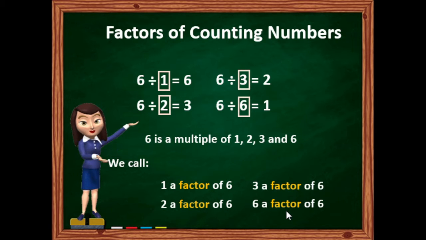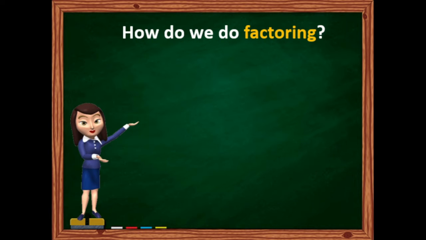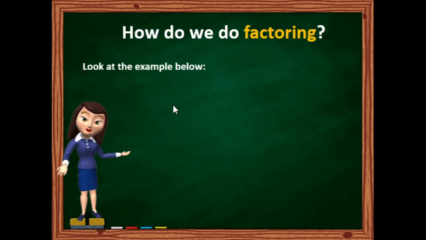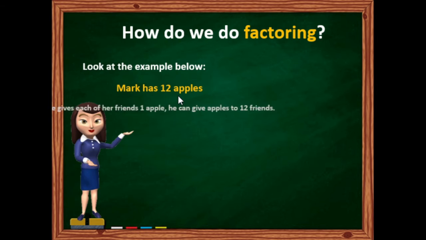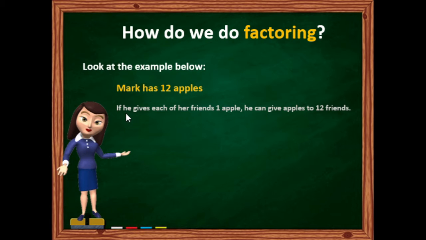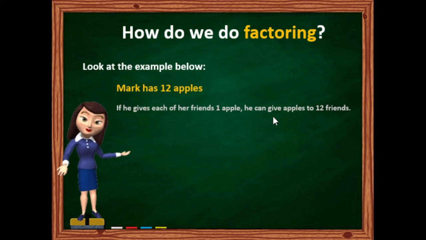Let's just be very quick. How do we do factoring? How is it possible? Look at the example below. Mark has 12 apples. If he gives each of his friends 1 apple, he can give apples to 12 friends.